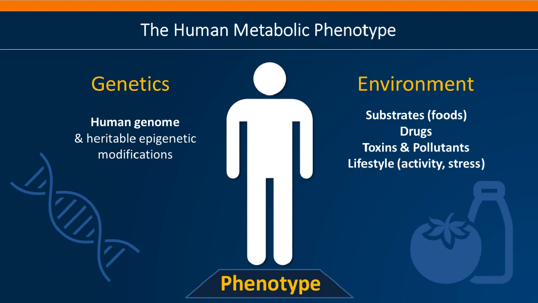For example, foods, drugs that we consume, toxins and pollutants in the environment, in the space that we occupy, aspects of lifestyle, whether or not you have activity in your life, you're sedentary in your job, or you endure quite a bit of stress. These two aspects really culminate in the human phenotype, which is sort of the expression of those genotypic traits and the influence of all those environmental factors.